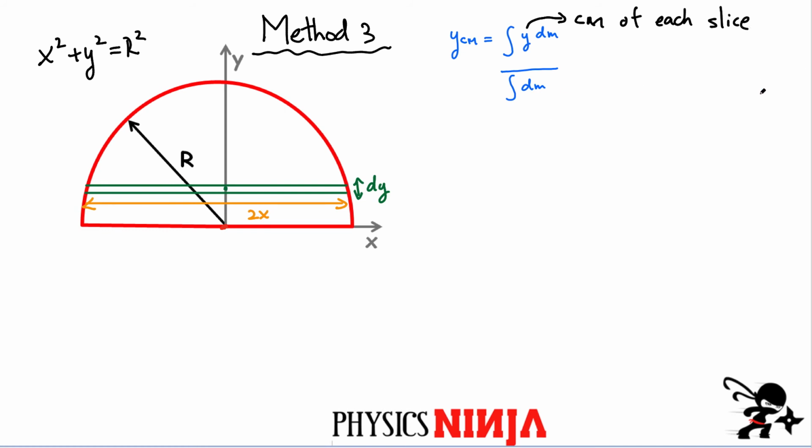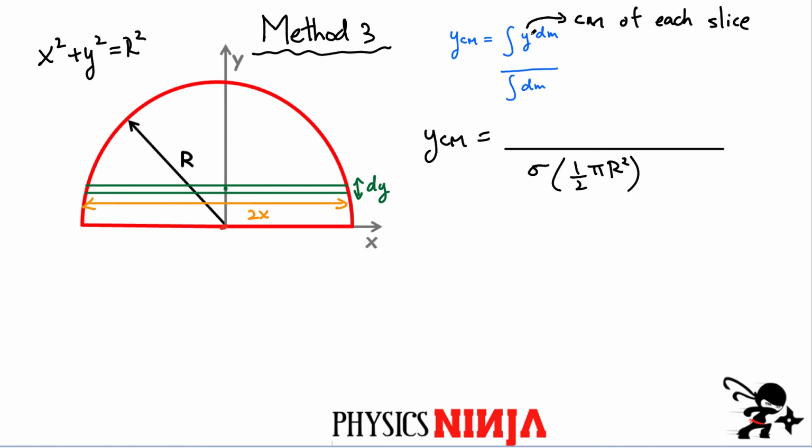Okay, so almost done. Y center of mass. Again, this denominator is always the same. It's going to be the mass density multiplied by the total area, which is simply 1/2 pi r squared. All right, what's the top now?